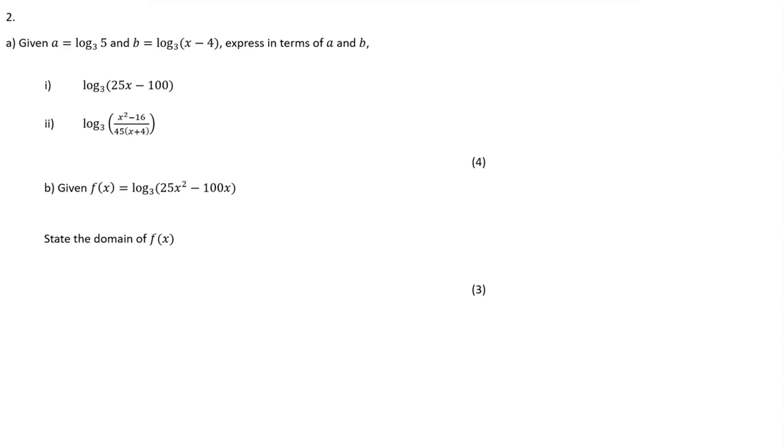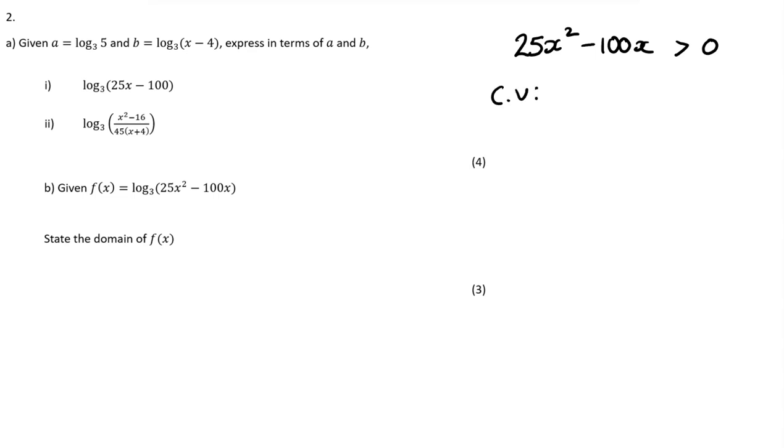So in order for this to be defined as a function, we need to ensure that what's in the bracket there, that 25x squared minus 100x, has to be positive. So basically we're solving a quadratic inequality. Once we've used that knowledge of logarithms, this really is just a solve-a-quadratic-inequality problem.